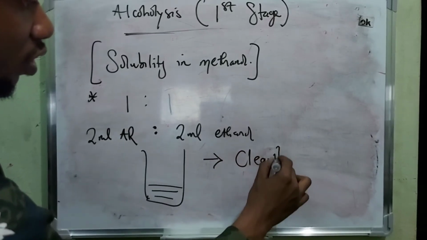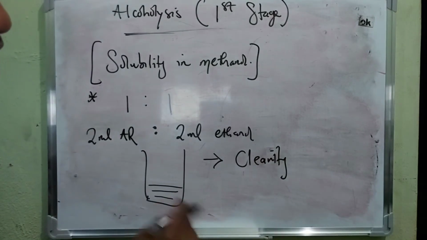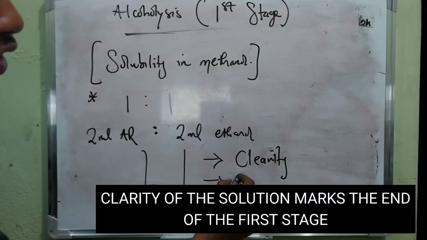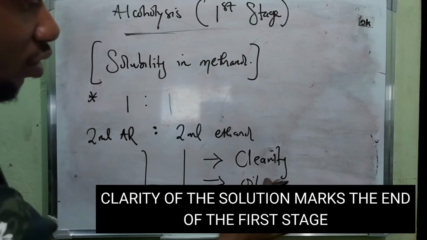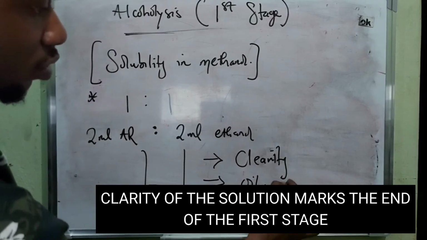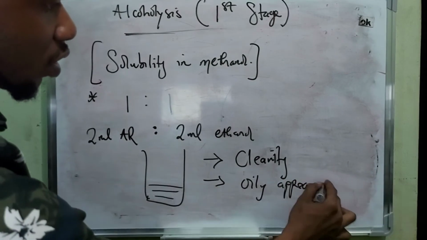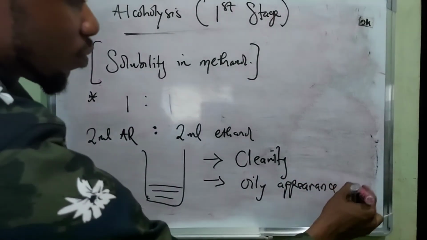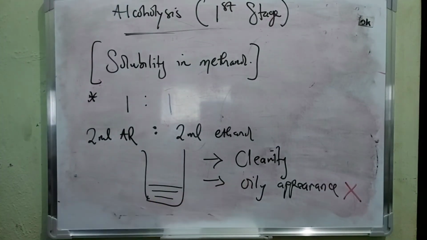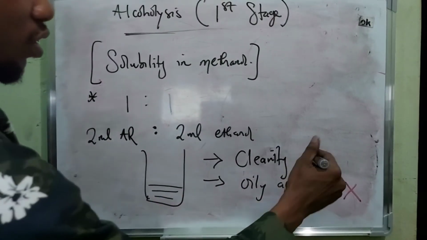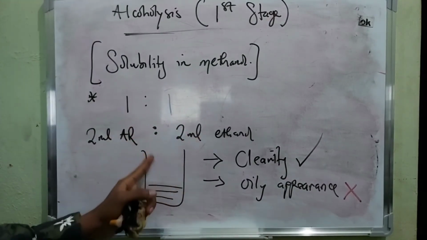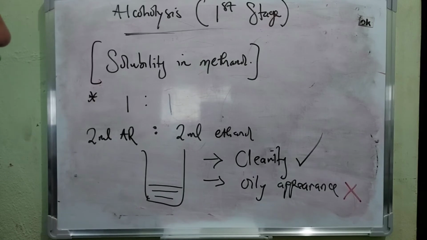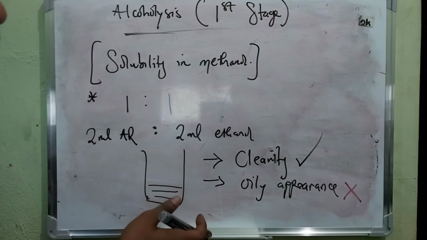When the solution is very clear and there are no indications of oily materials or oily appearance present, that is to say the alkyd resin is soluble. There shouldn't be an oily appearance, but there should be clarity in the solution when mixed. Once you have that formation, that tells you that the first stage is complete.